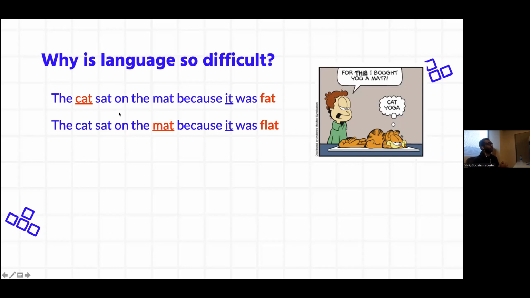But mats can. And so we know that the pronoun is going to refer to the word mat instead of cat, and same in the first sentence. So we can use our knowledge about the world to understand these sentences in a way that computers can't. And these particular sentences are actually sentences that are used a lot to try and understand how good a computer is at understanding the world around it.